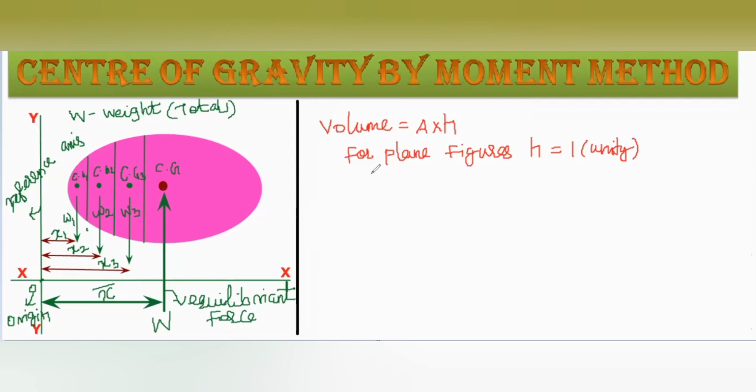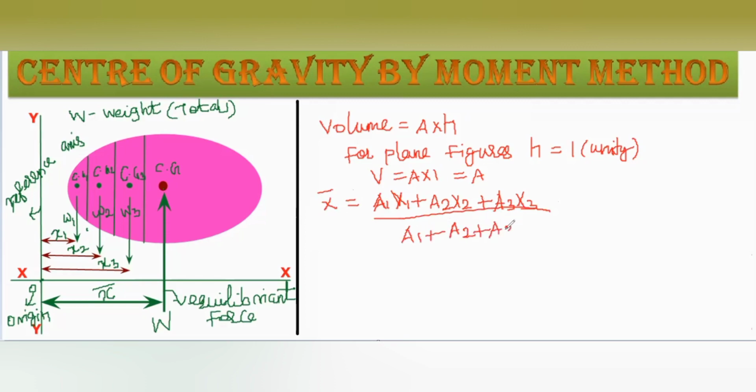So instead of volume, we can take area. So the same formulas we can write as x bar equals a1 x1 plus a2 x2 plus a3 x3 divided by a1 plus a2 plus a3.